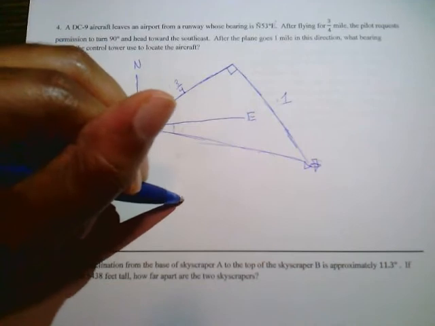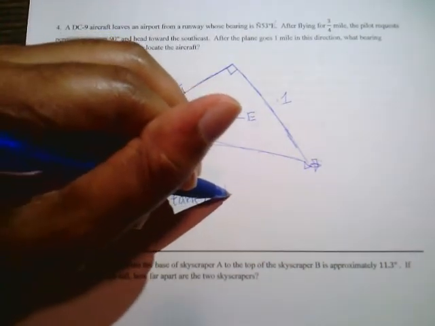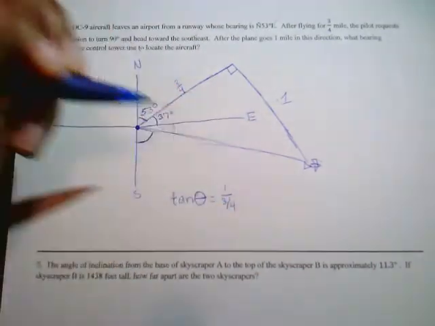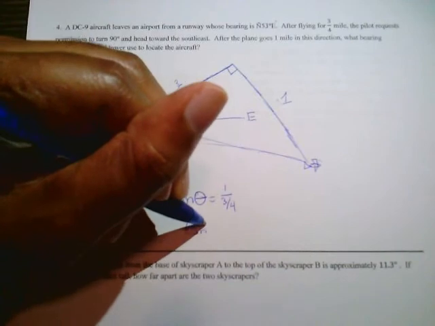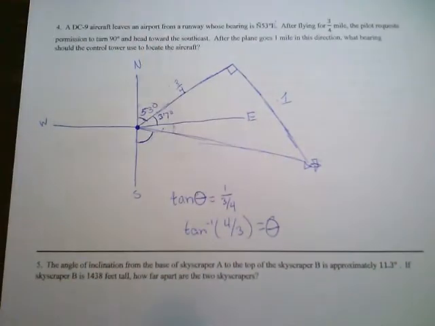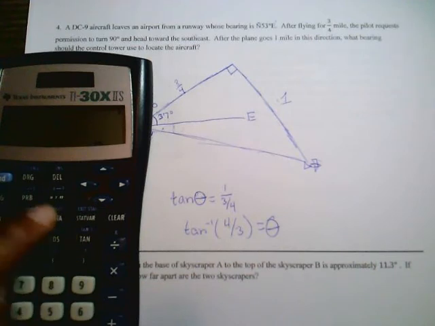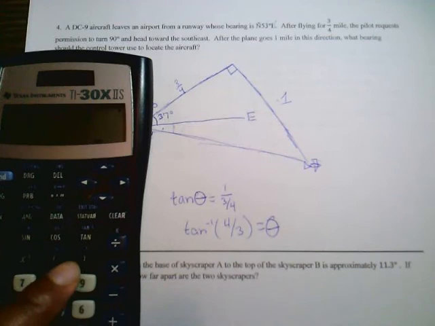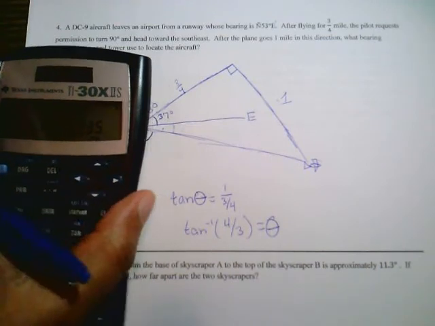So we're doing, let's see, I'll write it down here. So tangent of our angle is equal to 1 over 3/4. So tangent inverse of 4/3 is going to equal our missing angle. Tangent inverse of 4/3 is 53.13.